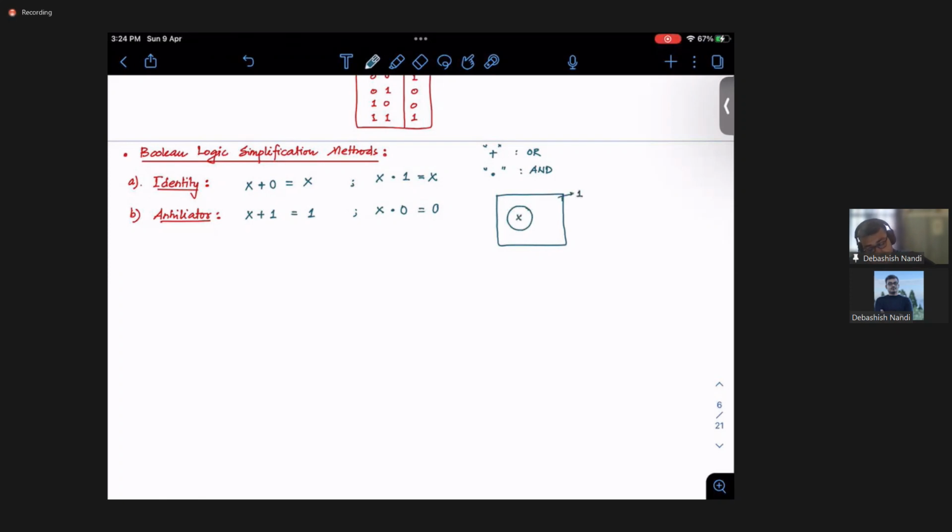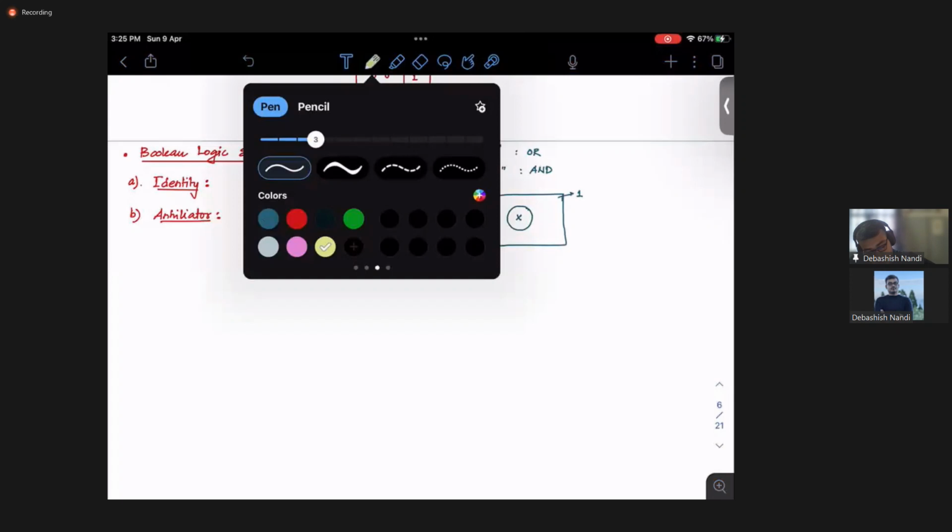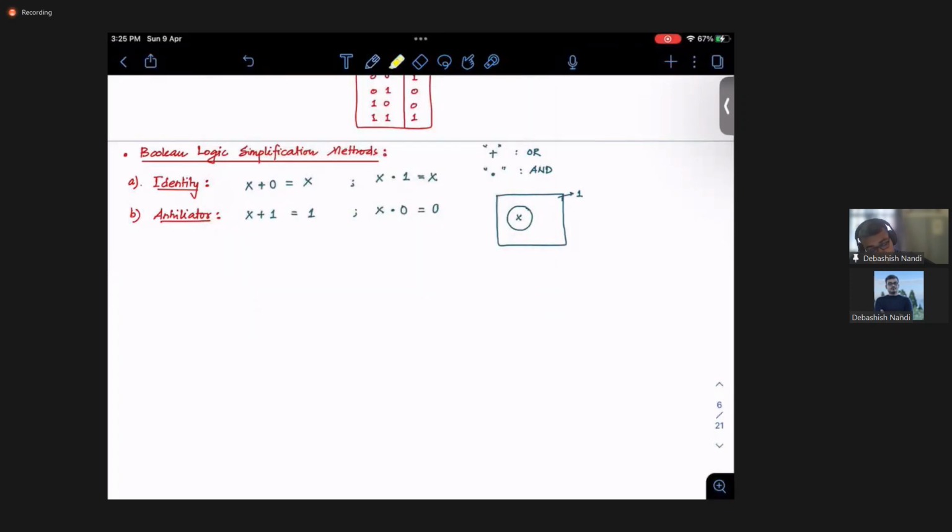And this is your x. Now tell me, what is x plus 0? Just hold on a minute. x plus 0 is nothing but this much only, right? So x plus 0 remains this.